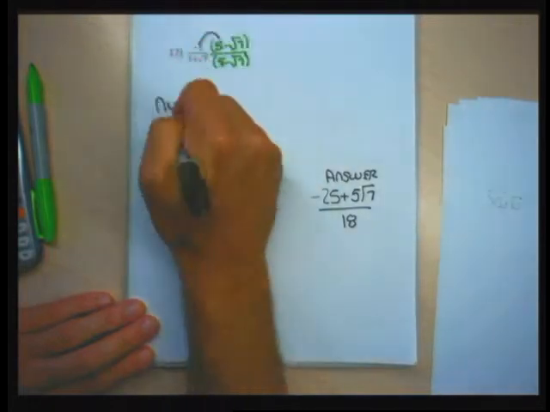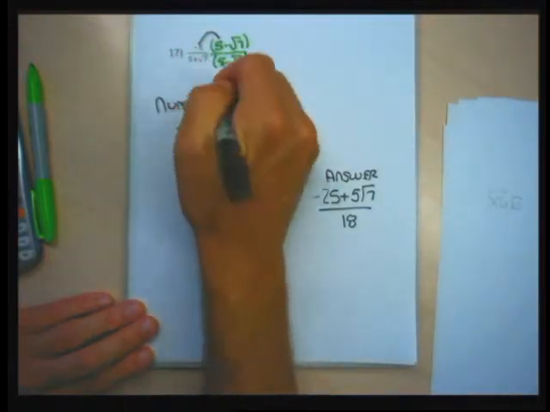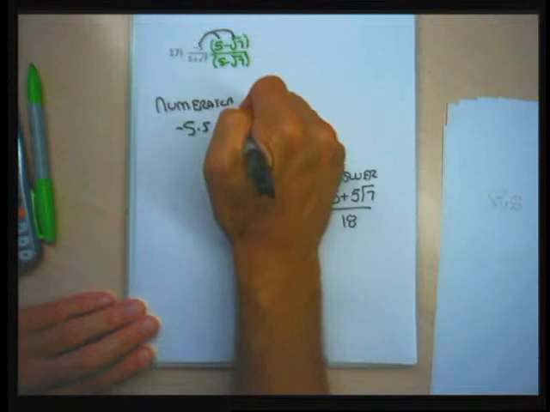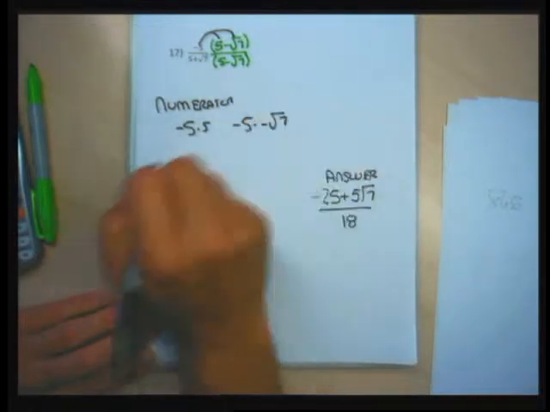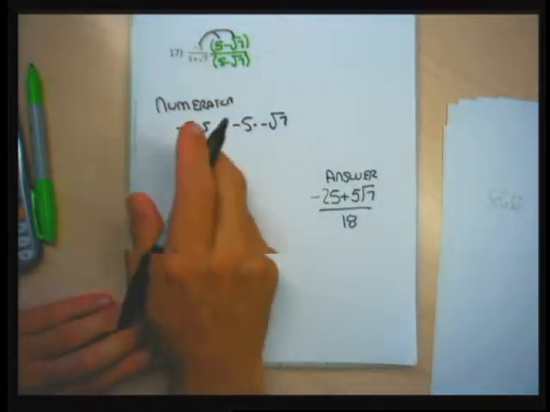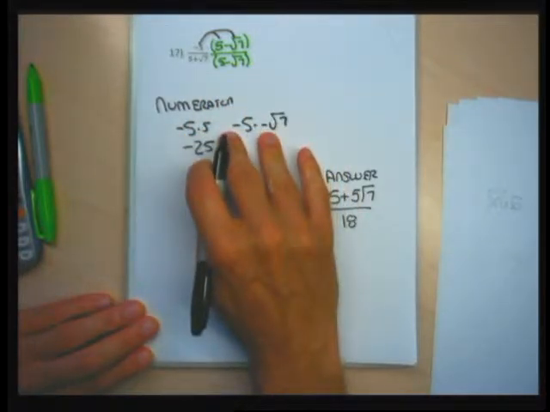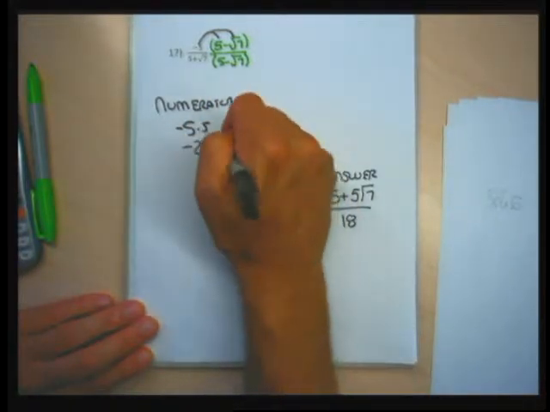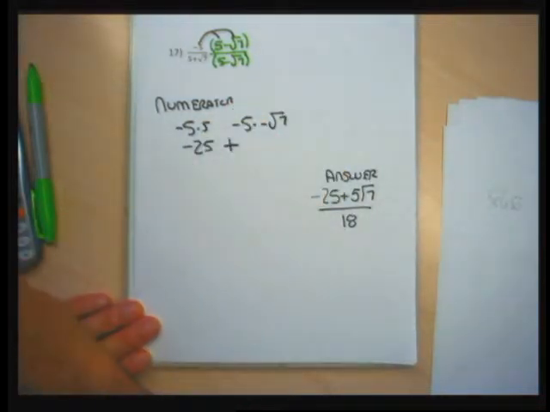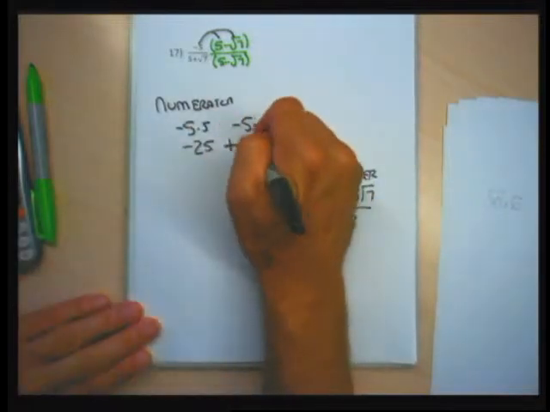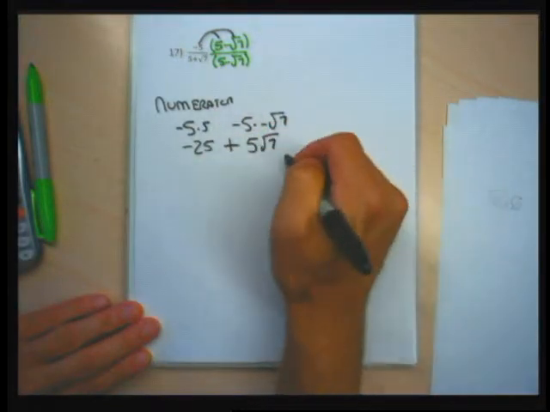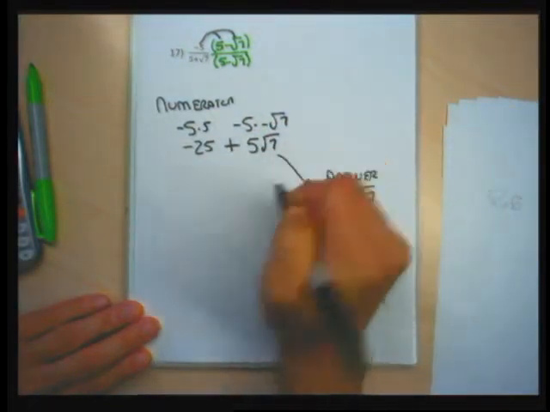I'm going to multiply negative 5 times 5 and negative 5 times negative square root of 7. When I multiply the negative 5 times 5, I get a negative 25. When I multiply the negative 5 times the negative square root of 7, I'm multiplying two negatives, so I get a positive. I can't get a 35 here because I can't multiply something outside a radical with something under a radical. So that gives me that part of my answer.